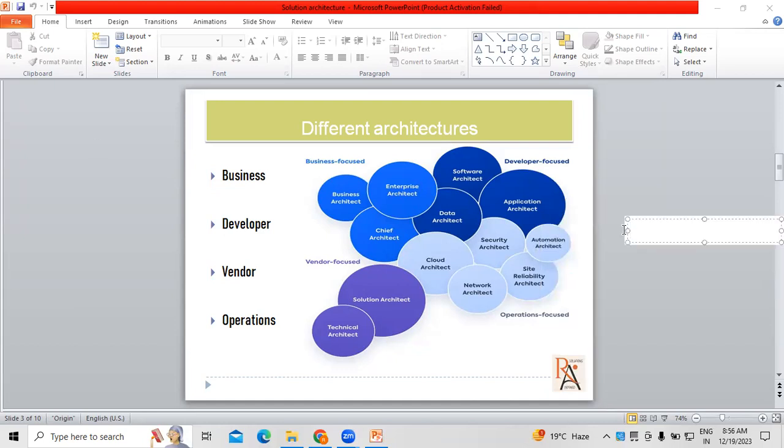So coming back, this is what the C4 model stands for. The C4 model is an approach which will normally be taken into consideration by a solution architect whenever we are going to develop a solution for a project. When we talk about the C4 model, C stands for context.